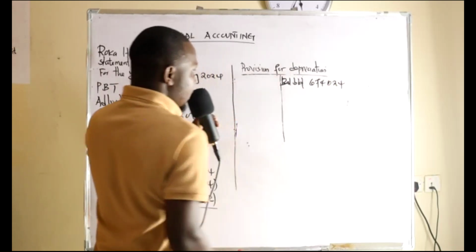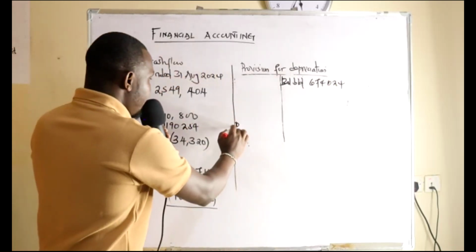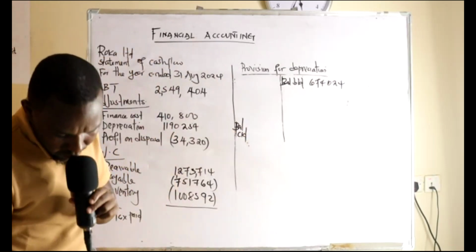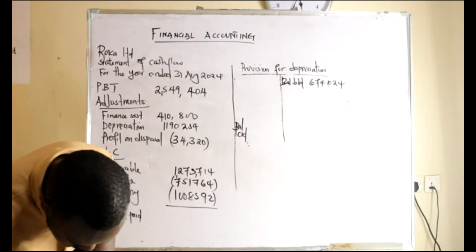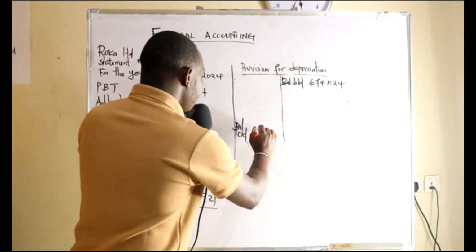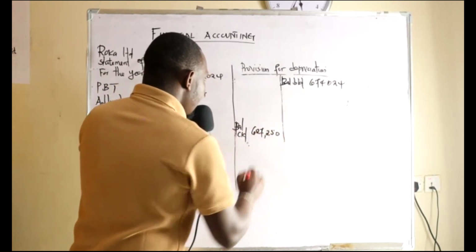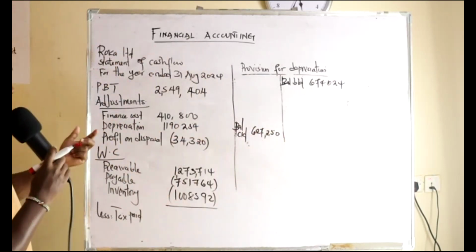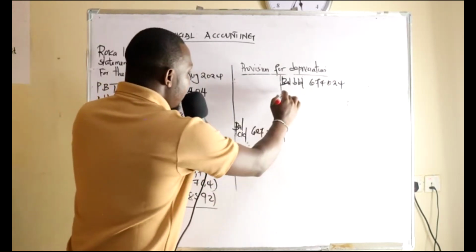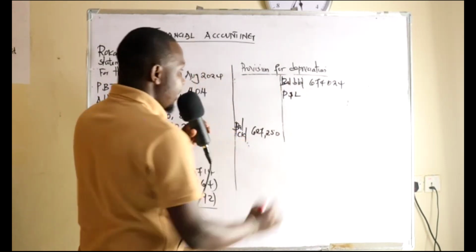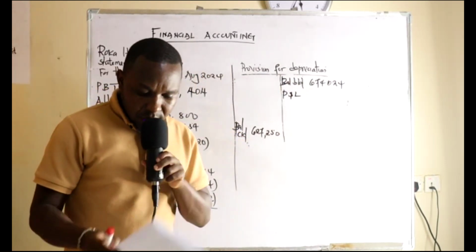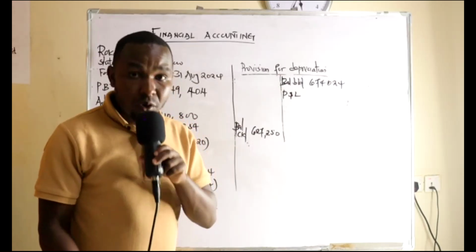What about the balance carried forward? That is the corporate provision for the current period, which is 627,250. And then check whatever they have put in the P&L. Go to the income statement.